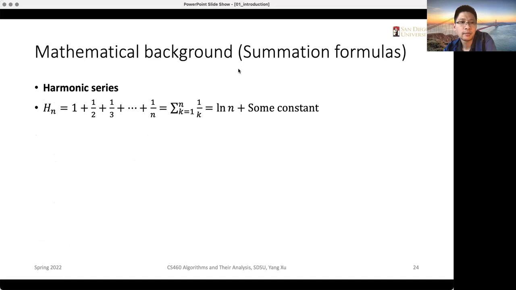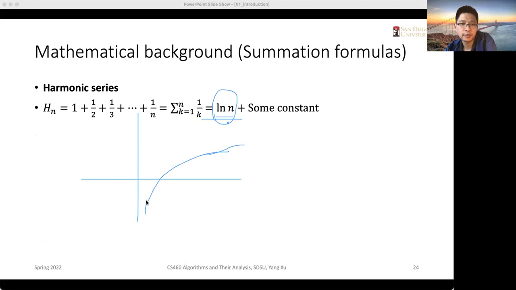And for the harmonic series, we may use it sometime in the future, but not necessarily. The interesting part is that the function grows as fast as the logarithm of n function. Okay, and we know that the shape of a logarithm function almost looks like this, right?